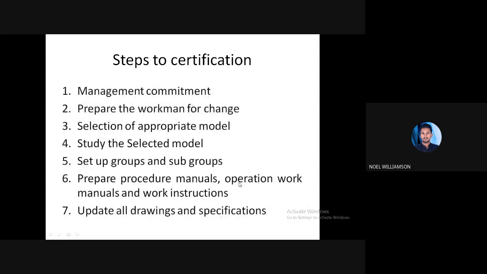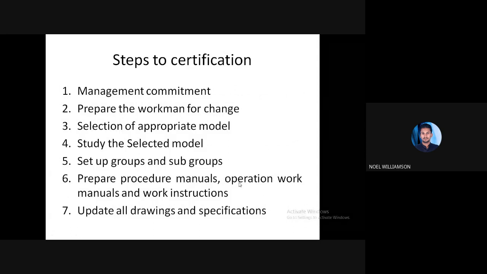So first of all, management commitment, prepare the workman for change, selection of appropriate model, study of the selected model, setting up groups and subgroups, prepare procedure manuals, operation work manual and work instruction.